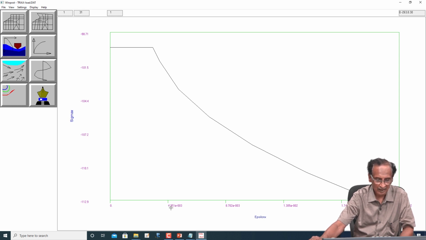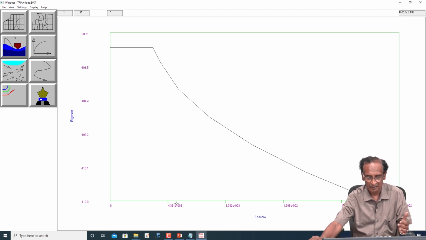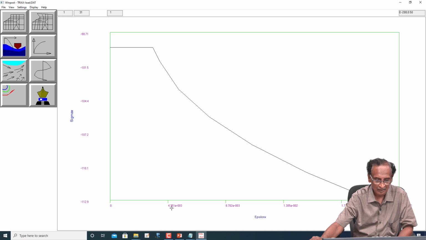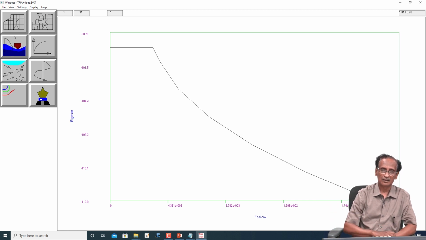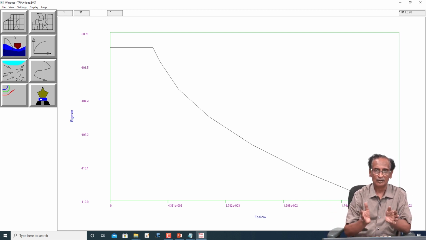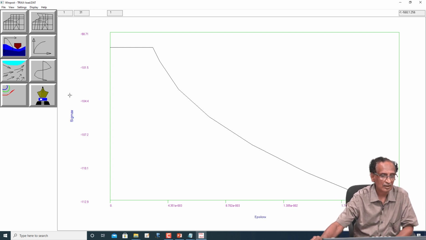The elastic limit is reached at about a strain of 10 to the power of minus 3, but then in the plastic state it has suddenly increased to about 10 to the power of minus 2. That is because the plastic straining that you are inducing will have very large strain.